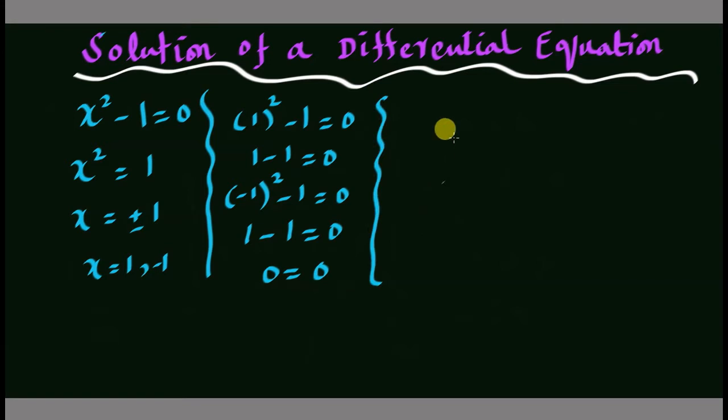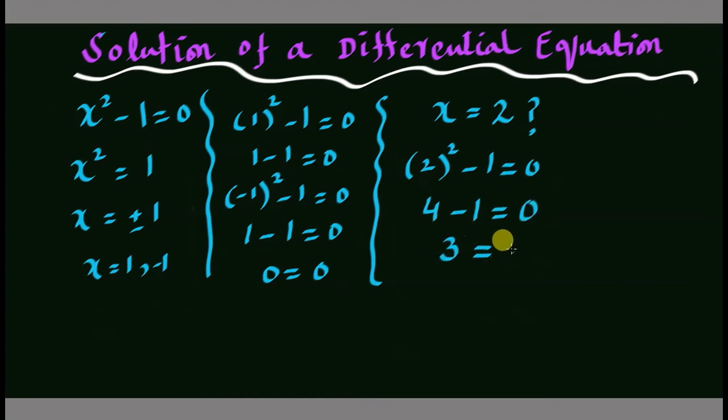But sometimes you have some other number, for instance x is equal to 2, and we want to check whether x is equal to 2 is a solution for this quadratic equation, yes or no. Just substitute x is equal to 2 in the given quadratic equation, and you will see it will not satisfy the given equation.